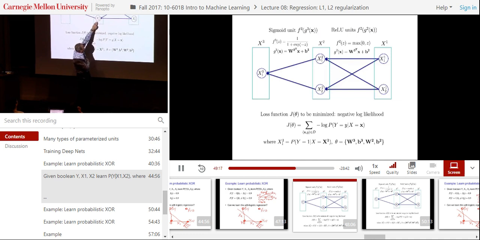And both of those have the same structure, that is their output, f2 of g2 of x, will be some function f2 of some function g2 of the inputs. And g2 is just going to be a weighted linear combination of the inputs. And then we're going to pass that through that sharp nonlinear activation function, which either outputs what comes in, or if it's negative, outputs a 0.